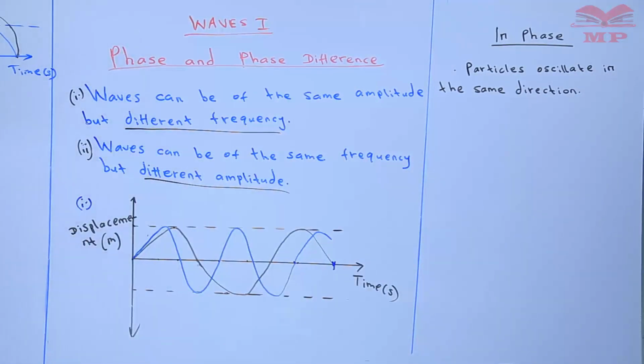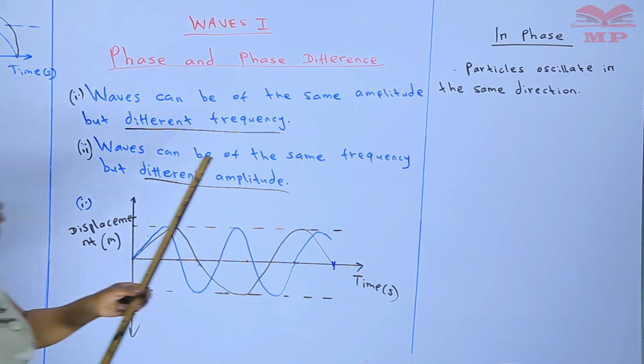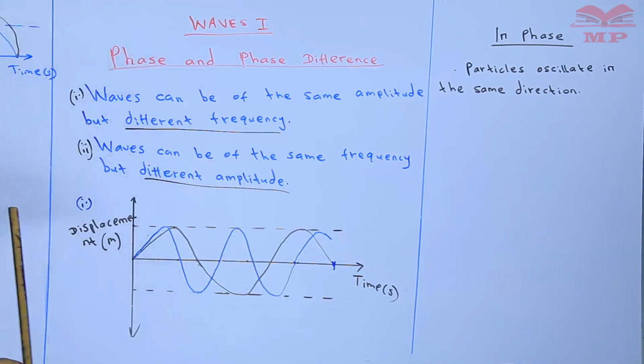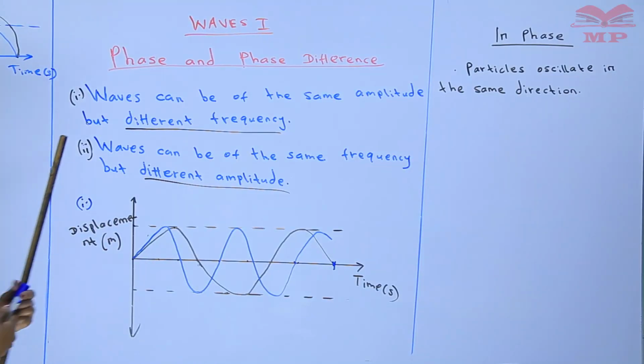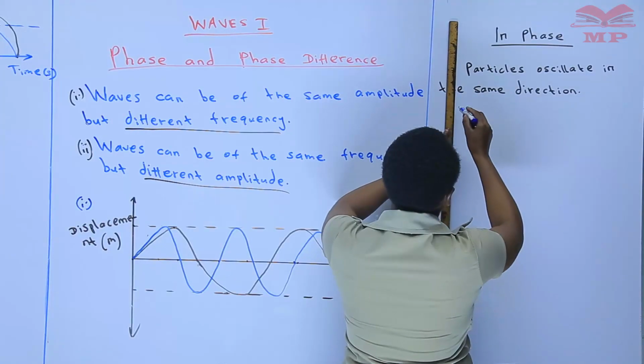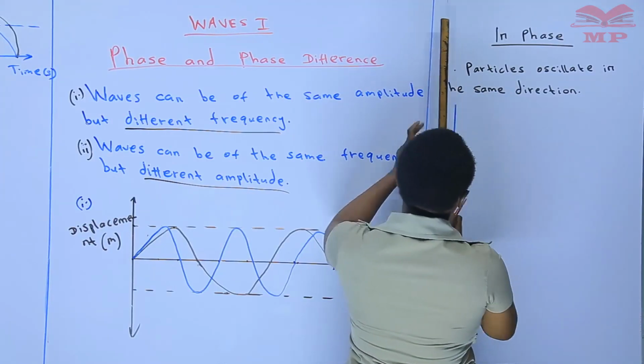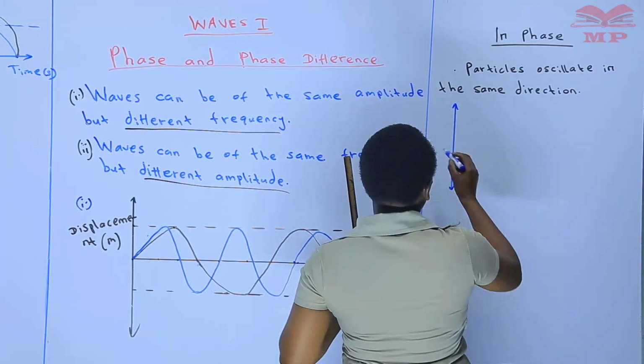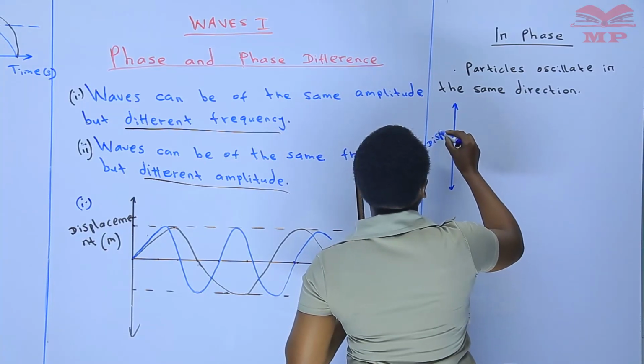And we are saying that if they are oscillating in the same direction, that is of the level of their oscillation, then we can have the particles as follows. That is in phase. We can have a graph of displacement.